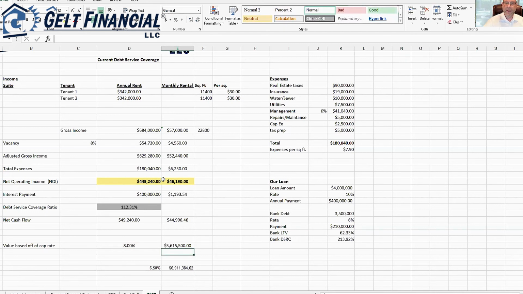Divided by the cap rate that you want to buy it at. So that says the value is 5.6 million. Now let's say, again, I take out this $5,000. All of a sudden, you see what it does. It takes it from 5615 to 5678. That's a huge difference.